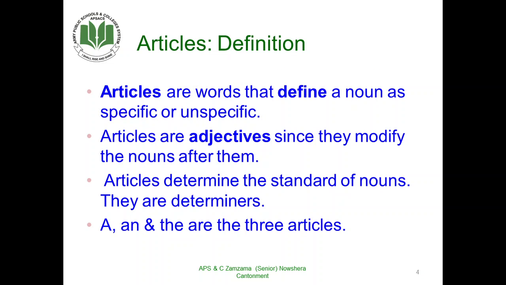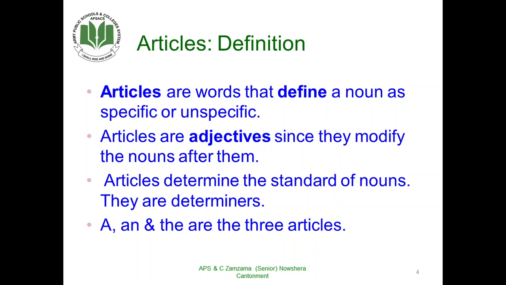Articles. Well, come towards the definition of the articles. We probably and hopefully you all know about that. Articles are words which define a noun as specific or unspecific. It can make a noun specific or it can make it unspecific. We'll discuss it in detail later.